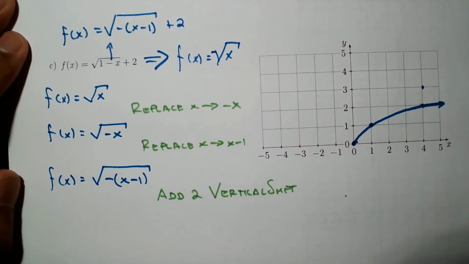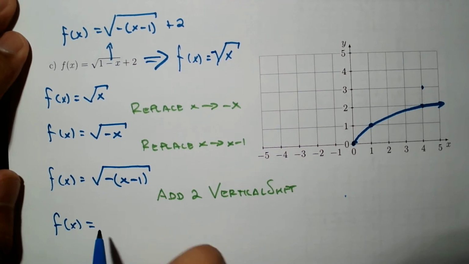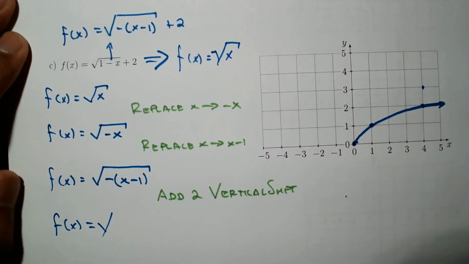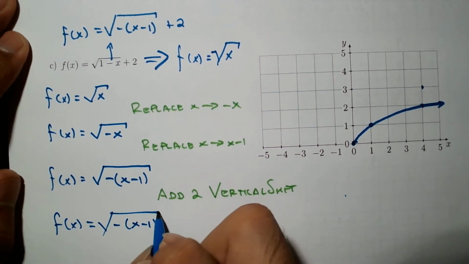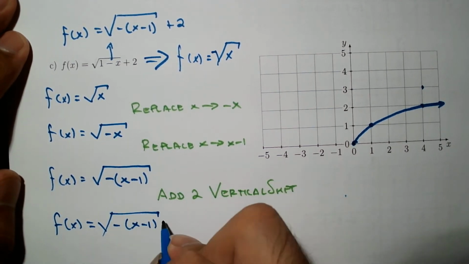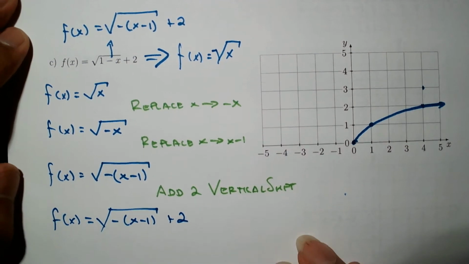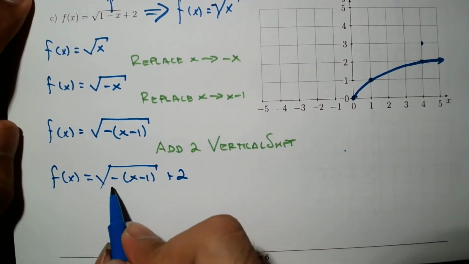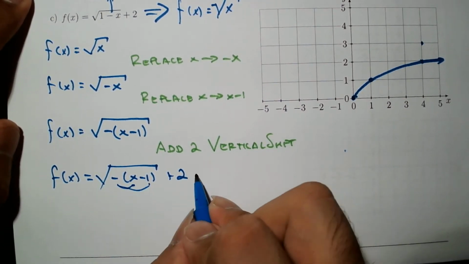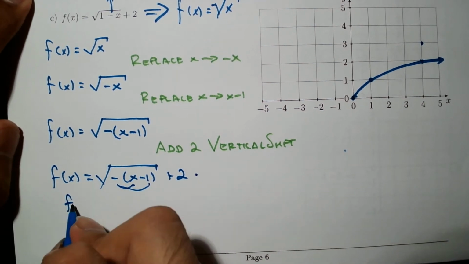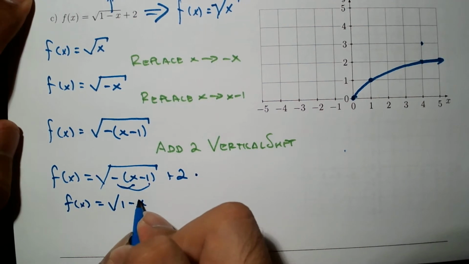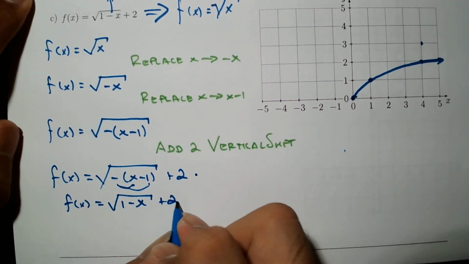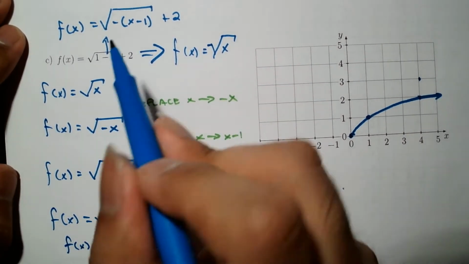Okay, and that's going to give us f of x equals the square root of negative (x minus 1) plus 2. So I'm going to fix this by distributing this negative, and I'm going to have f of x equals the square root of 1 minus x plus 2, which matches our original graph.